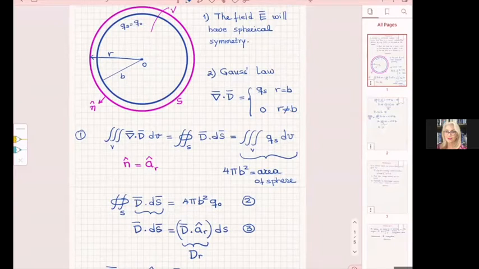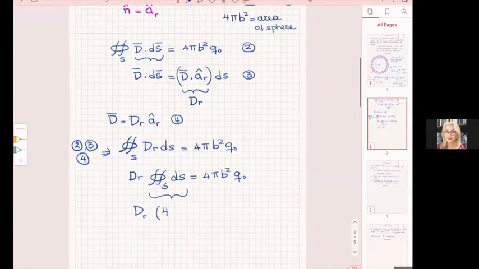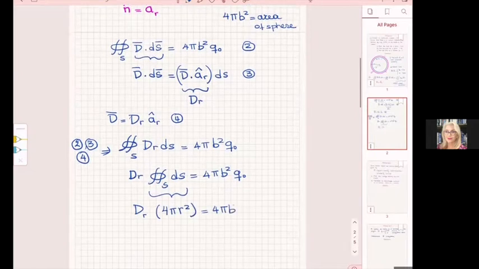We have taken it close to the conductor, but it's a surface that has its own radius. So it's going to be 4 pi r squared equals 4 pi b squared q sub naught. So from here, we find that d sub r is nothing else but b over r squared times q sub naught.